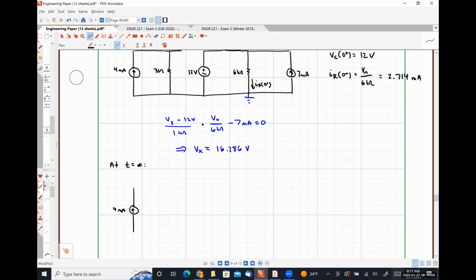Here's our 4 milliamp source, in series and in parallel with our 3 kilo ohm resistor. We have our open circuit representing terminal A of our switch. This open circuit represents our capacitor, so this is the voltage VC at infinity.